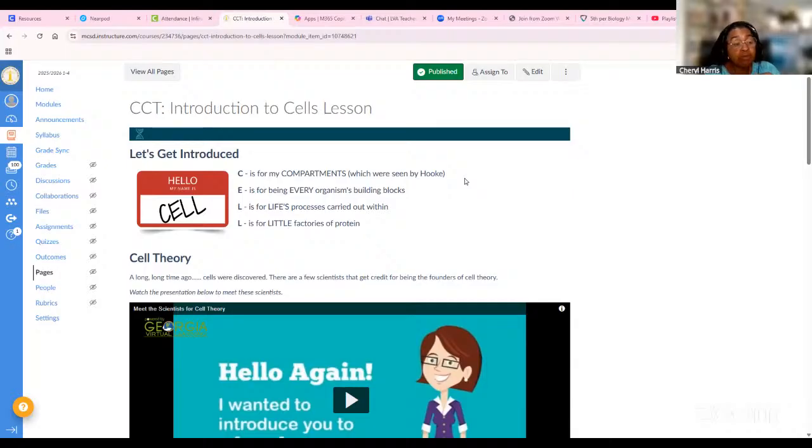What he was actually looking at was empty cells, because everything in the cork had already died. So he compared them to cells in a prison, little boxes empty with nothing in them. So when you see Robert Hooke, that's what he saw. But the name cell stuck, so we still call everything a cell.